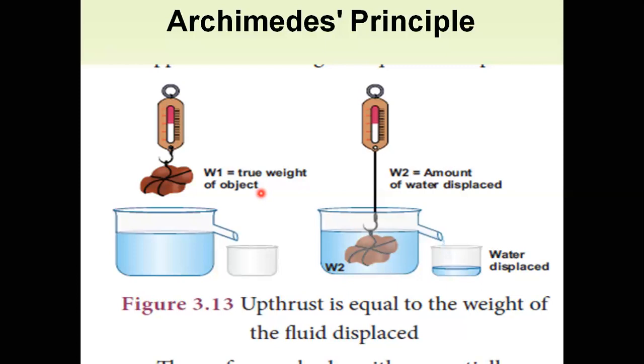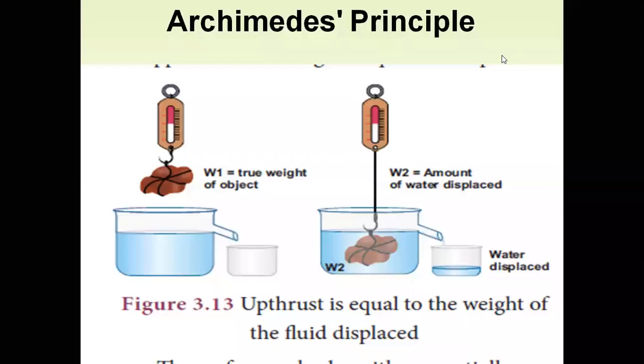So the Archimedes principle states that the upward buoyant force on the object is equal to the weight of the fluid displaced by the body. So this is the Archimedes principle.